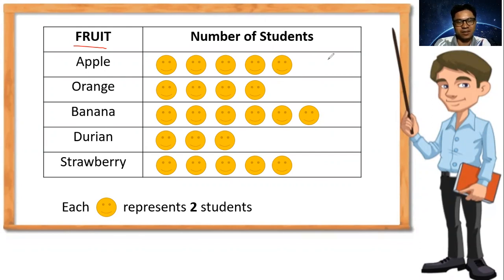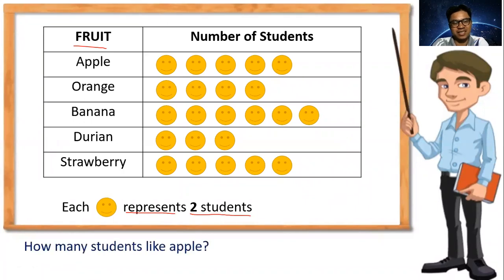And the next column is the number of students who like to eat these fruits. The key here is each smiley represents two students. So if this smiley represents two students, let's try to answer some questions.